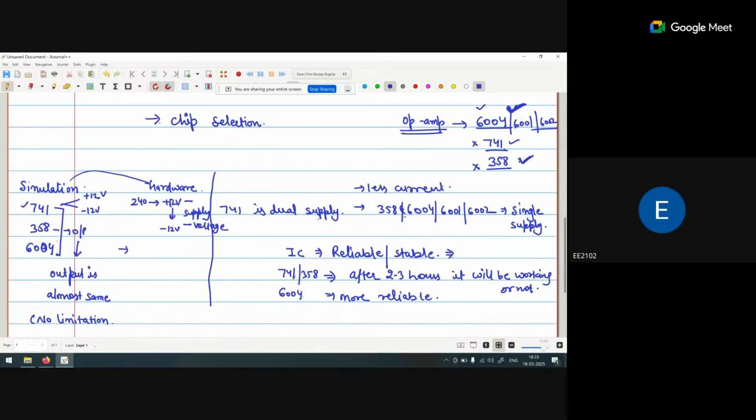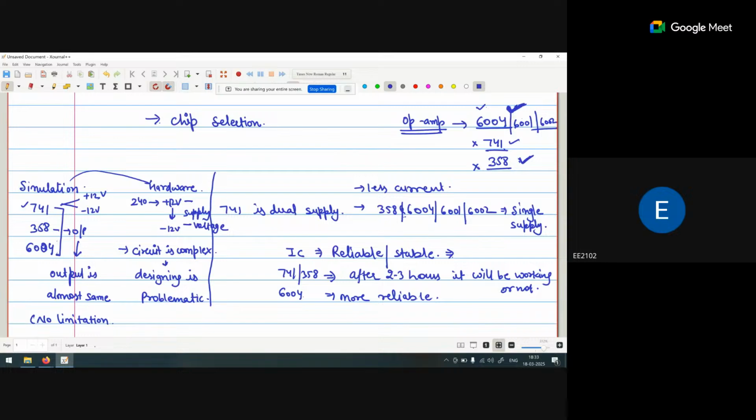Second, if your circuit is complex, designing is also problematic. So on the simulation there is no limitation, but when we go into the implementation part, with the hardware designing part, there are lots of problems.